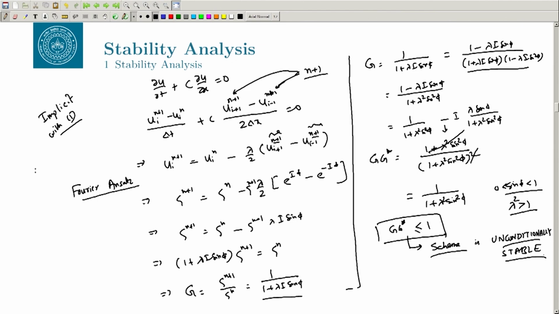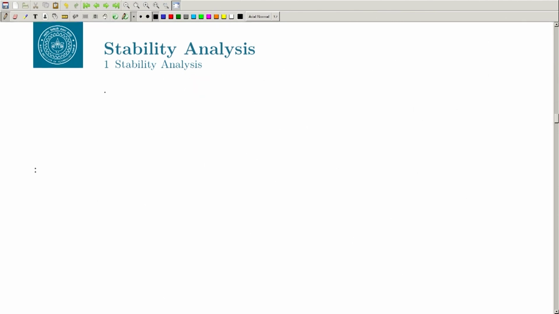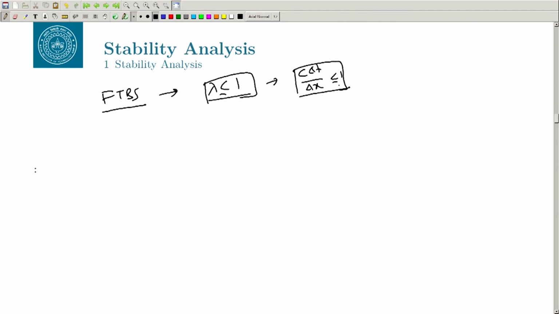Okay. Now, one thing is remaining that needs to be seen, as we have discussed earlier. For solving the convection problem, we have used this FTBS scheme, right, and we have seen it many times that the scheme is stable for lambda less than equal to 1, okay, or basically C delta T by del x is less than equal to 1, right.